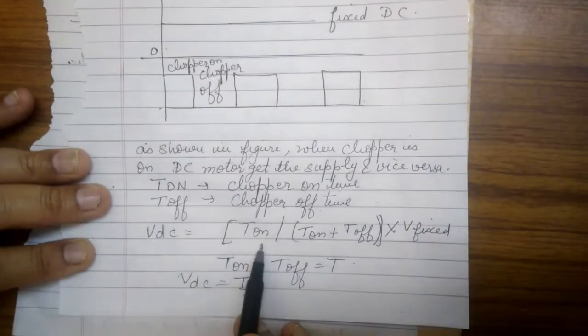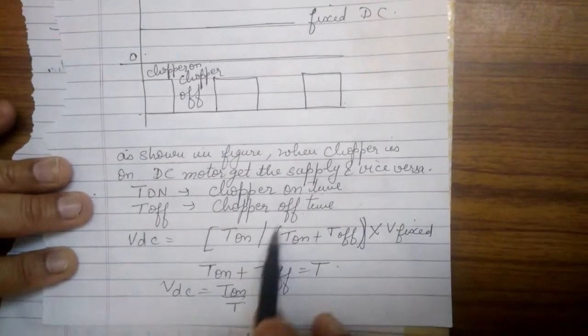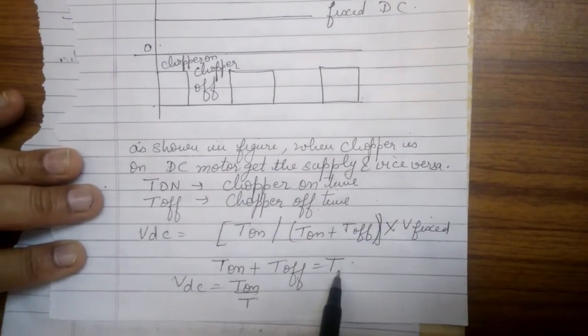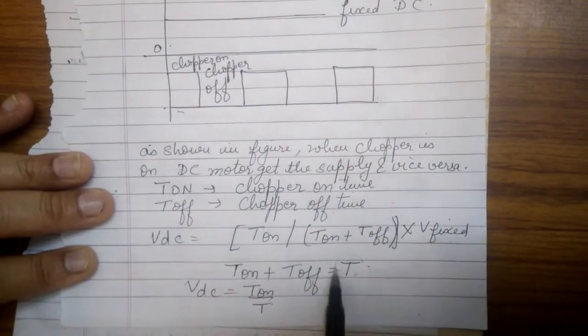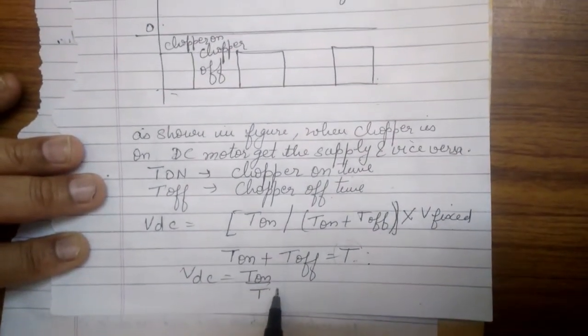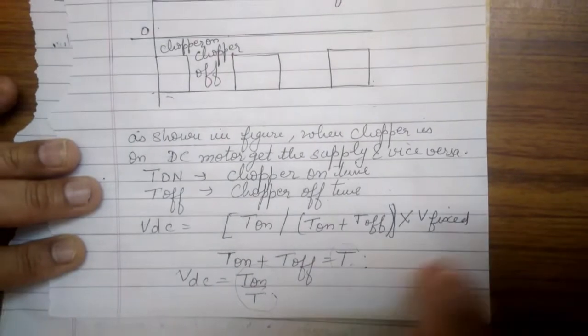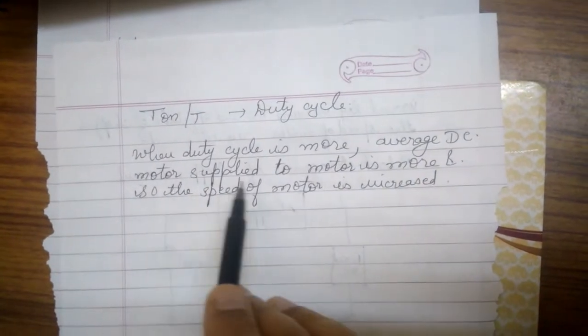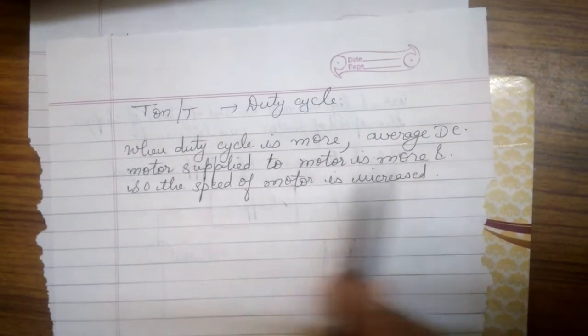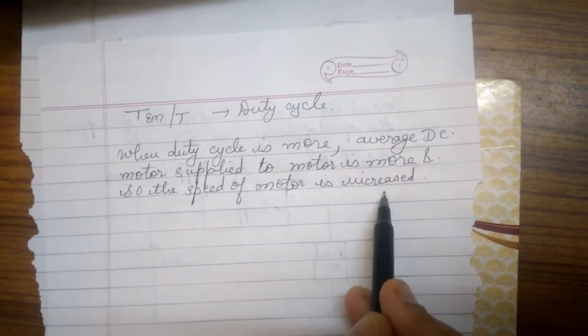T on plus T off is the total time of the chopper, and it can be written as T. So T on upon T is known as the duty cycle of the chopper. When the duty cycle is more, the average supply to the motor is more, and so the speed of the motor will be increased.